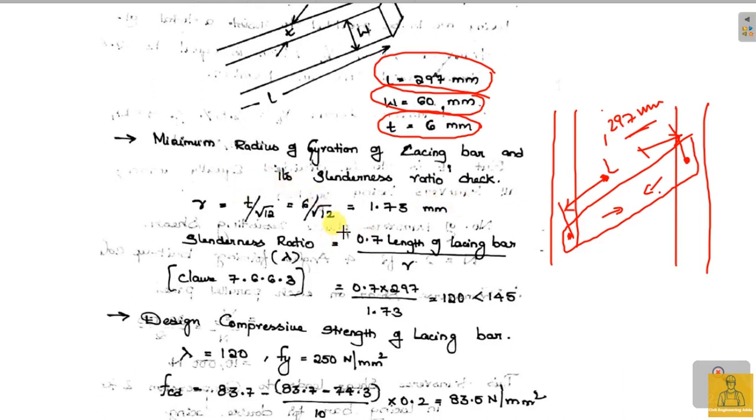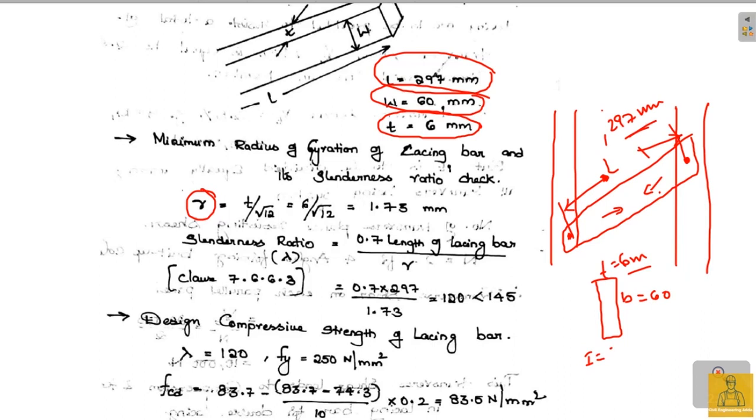First find out the minimum radius of gyration of the lacing bar and then check its slenderness ratio. What is r of this section? The cross section is like this. This is the width, which is equal to 60, and this is the thickness, 6 mm. So what is the I value?